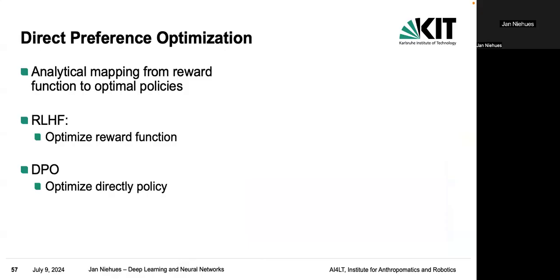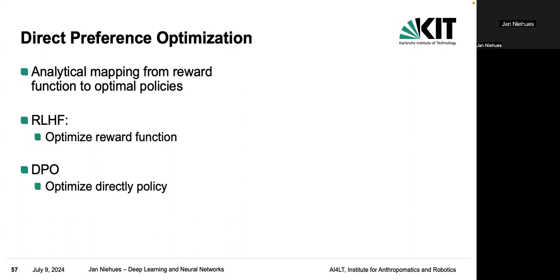In order to do that, what they suggested is that you can do a mapping from the reward function to the policy. Which means you can do a mapping from what is a good reward function to what is a good model, what is a good probability.